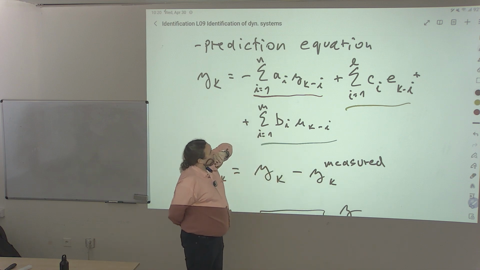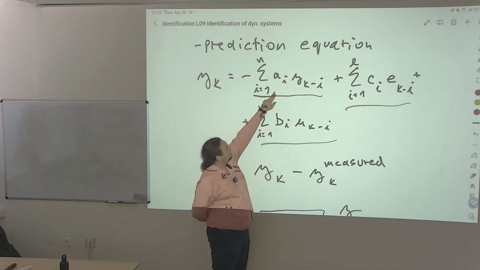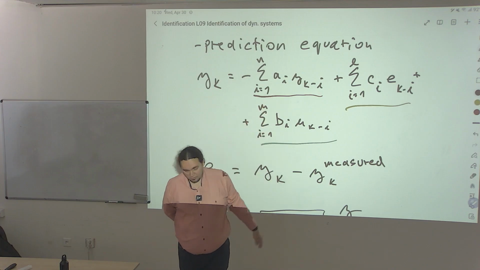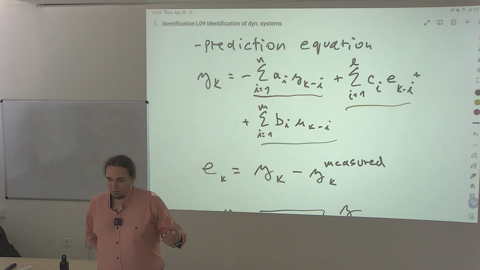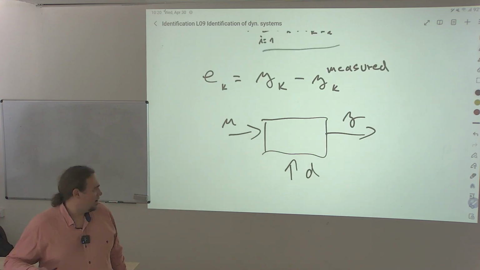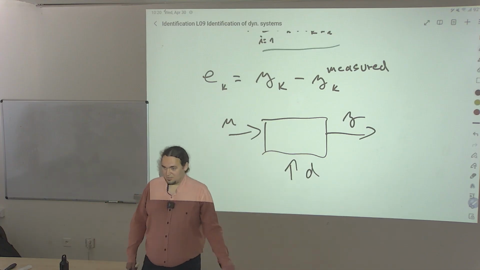So in some form you are freeing your coefficients A1 and B1, so the ARX part, from absorbing all the errors that are present in the disturbances.